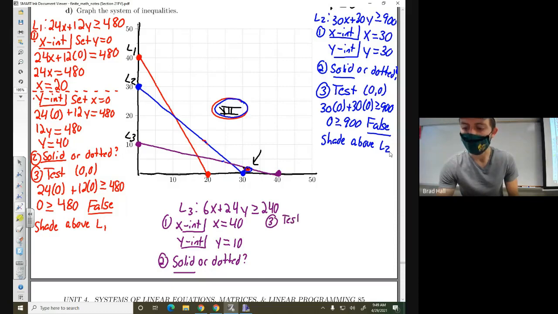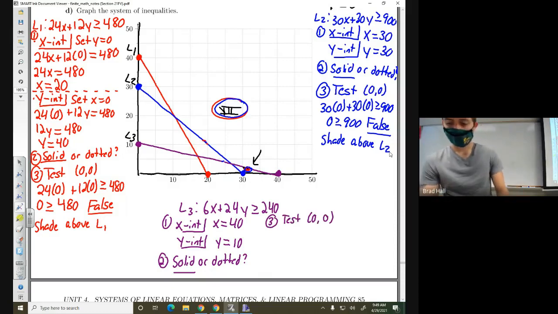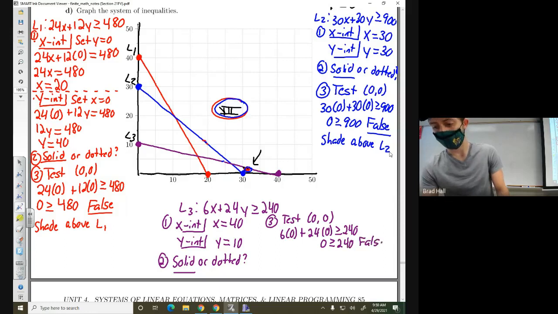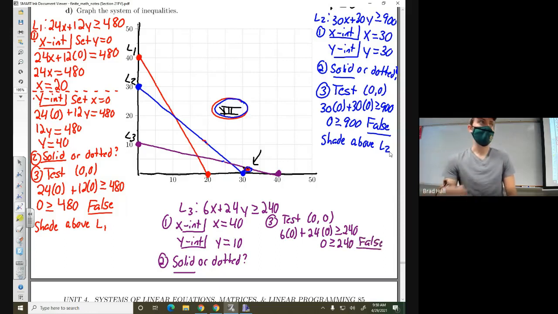So for the final line, we test 0, 0 yet again. We plug in 0 for x, 0 for y. We get that 0 is greater than or equal to 240, which is again false, which tells us we shade above the third line, or the purple line here.